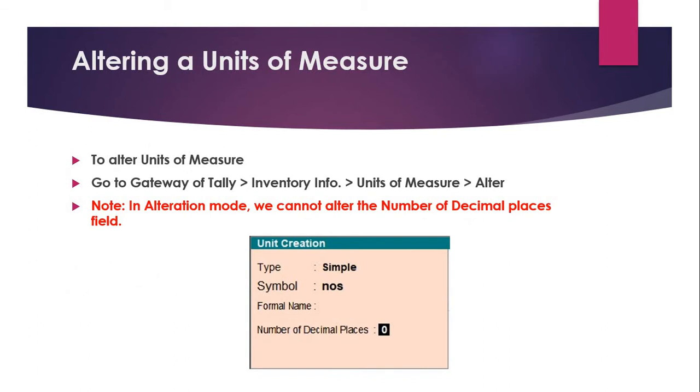It is also possible to alter unit of measure. To alter unit of measure, go to Gateway of Tally, select Inventory Info, select Unit of Measure, in that select Alter.